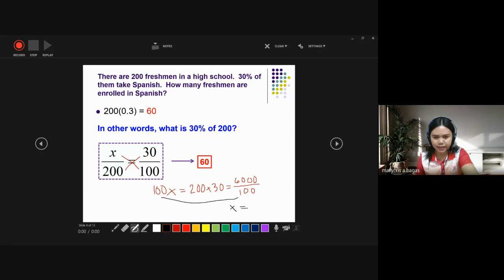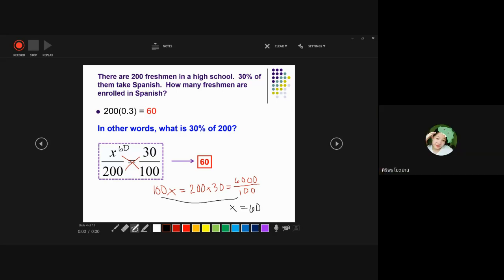Meaning there are 60 freshmen who are enrolled in Spanish. Easy.